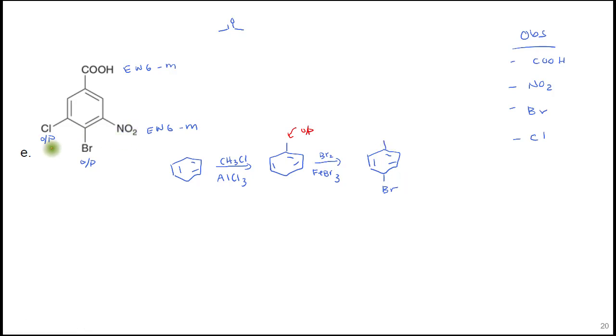So because the other two groups are meta directors, I want to switch where it goes, and I can oxidize that position to benzoic acid. And that's going to change my director. So now I have a meta director. So I can go ahead and add my chlorine or nitro. The order at that point does not matter.